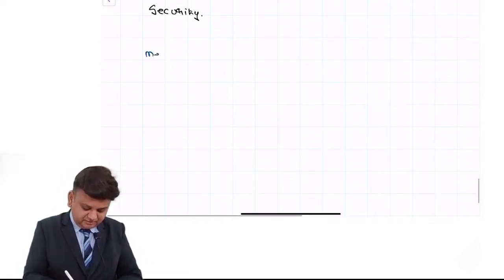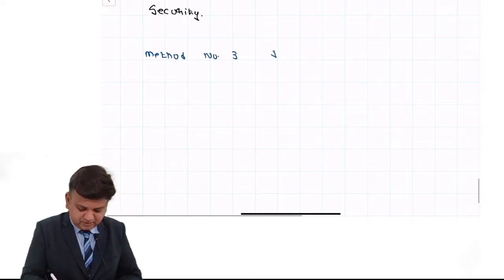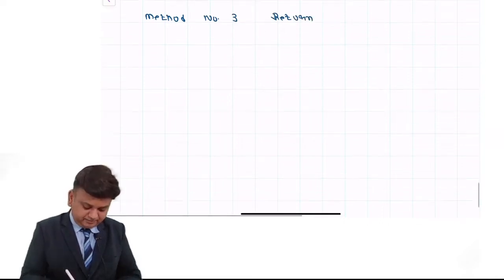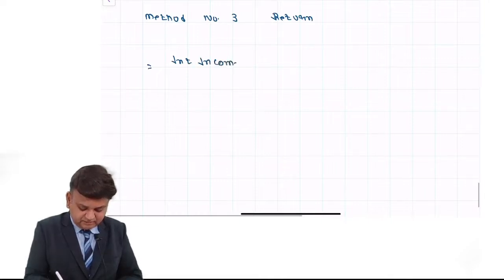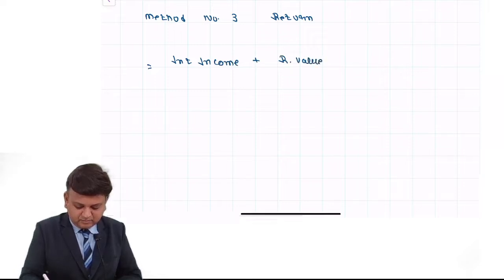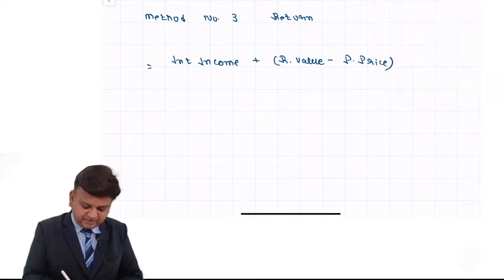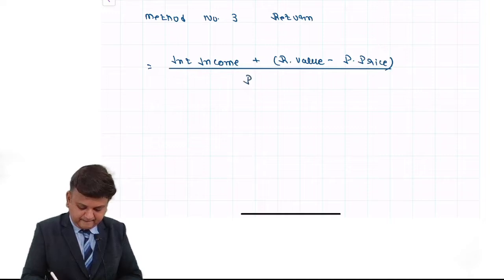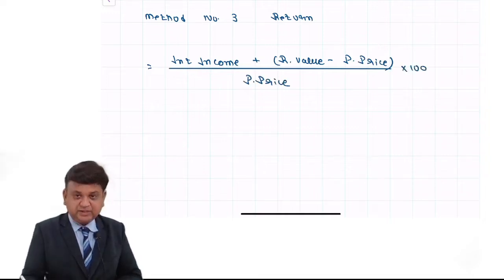Method number 3, return. In that write down interest income plus redemption value minus purchase price, whole divided by purchase price into 100 for getting the answer in percentage terms.